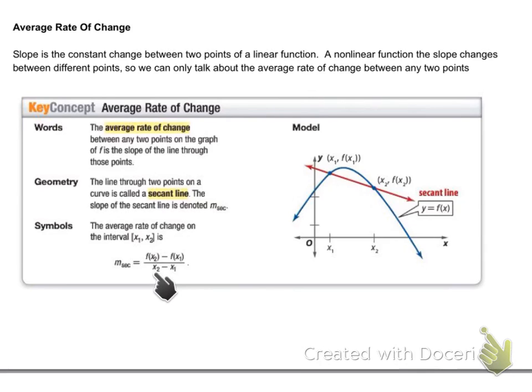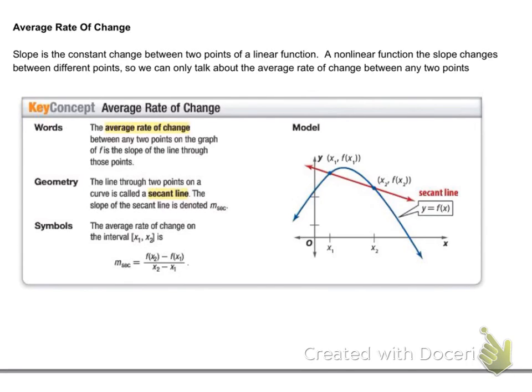That's a fancy way of saying what? It's a y value from point 2, so we would call that y2 minus y1 over x2 minus x1. You're just finding the slope between two points, an interval.